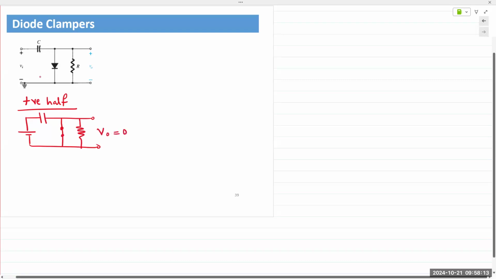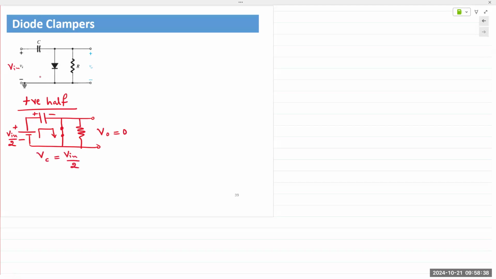However, the capacitor charges through the diode. So you have VC, and this was V in, VC charges to a level of V in by 2.